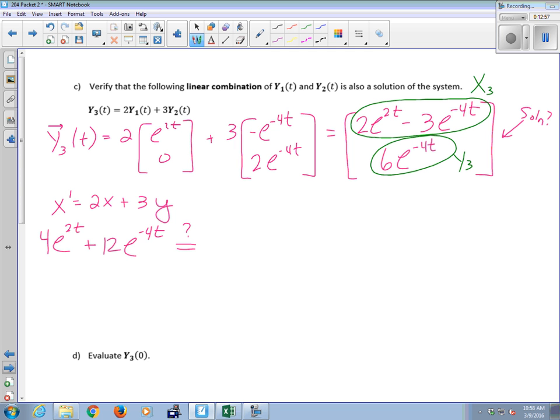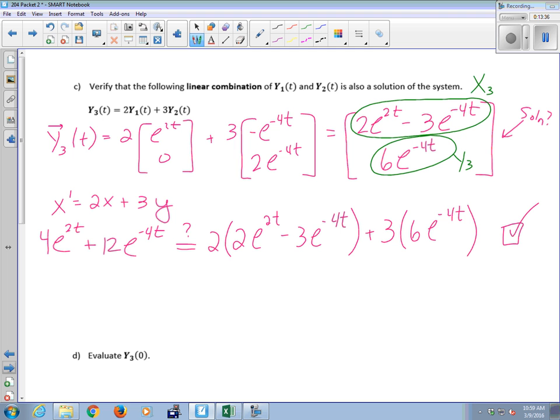Does that equal whatever you get when you do 2 times x, 2e to the 2t minus 3e to the negative 4t, plus 3 times y, and y in this case is 6e to the negative 4t? Is that going to turn out to be equal? Yes. So I have 4e to the 2t when I distribute the 2. And then I get negative 6 plus 18 gives me 12. So that one works.